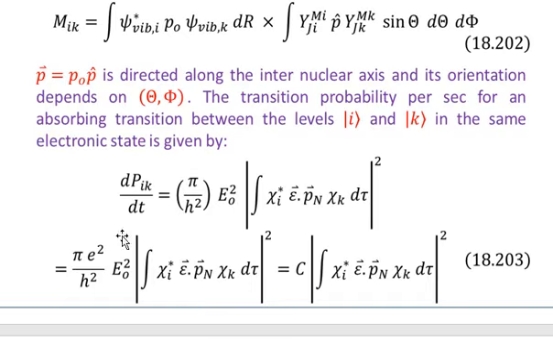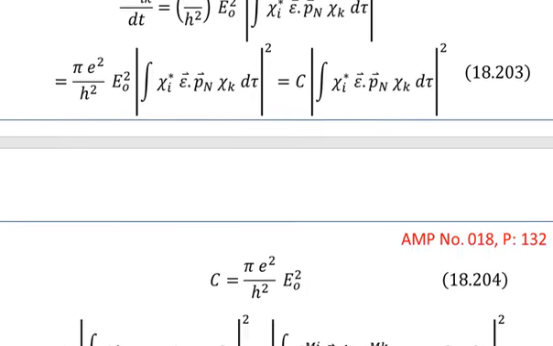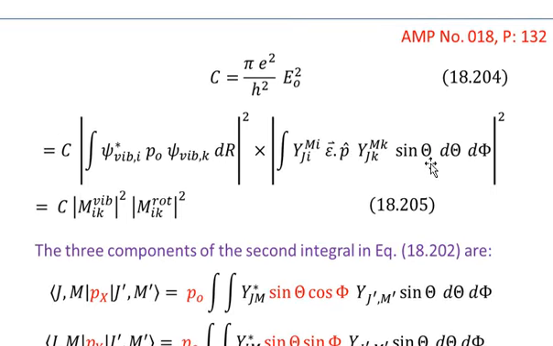This constant is represented by capital C, and the rest of the integral is the same, which contains χ_i as the nuclear wave function and χ_k as the nuclear wave function, both corresponding to the same electronic state. The integral contains the product E dot p_n, and E and p_n have already been defined. So C is this constant.